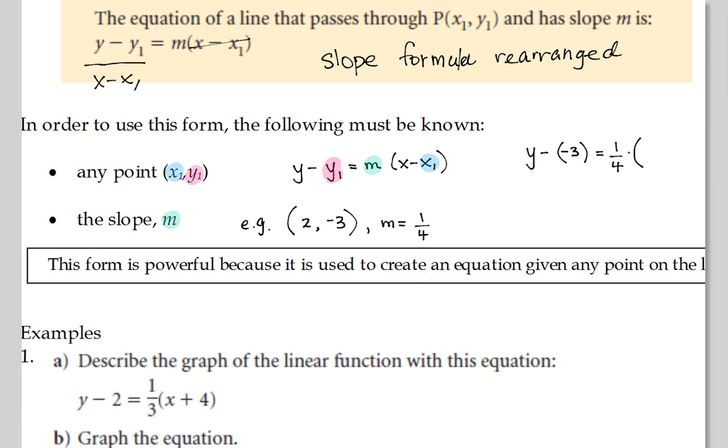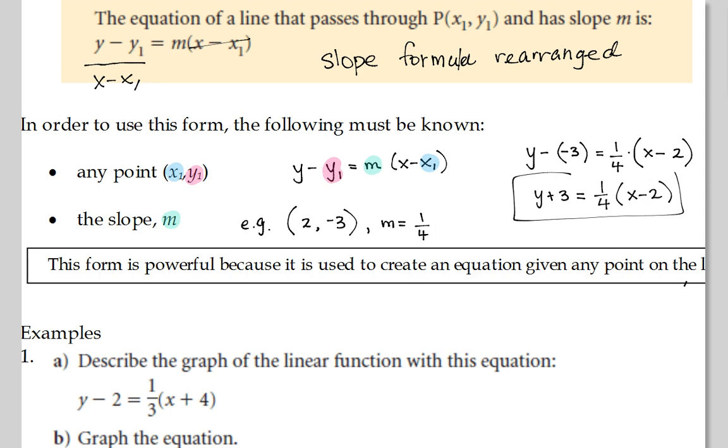This is multiplication. And now what goes in for the blue? x take away 2. So that's the substitution. So what's going to happen on the left when you sub in a negative? You'll get y subtracting negative 3. That'll come out to a plus 3. The 1/4 you leave, and the x minus 2 you leave.